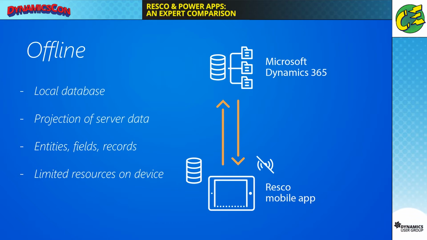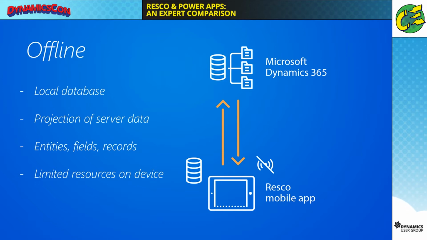Because the data is directly on your mobile device, you have to take into account the limited resources of this device. You can imagine that the processing power, the memory, and also the storage is nowhere near what the server offers.